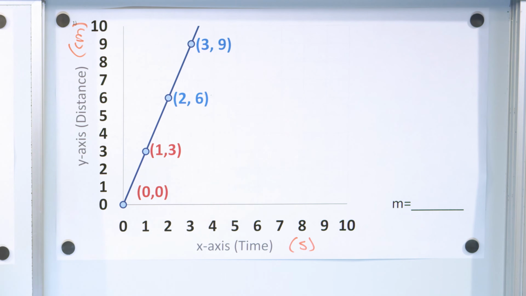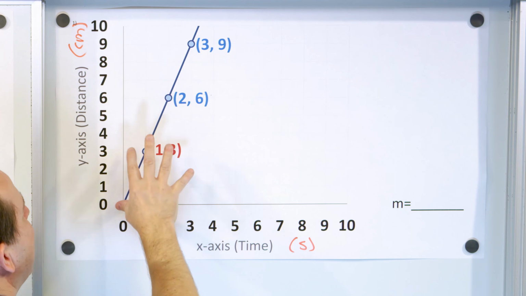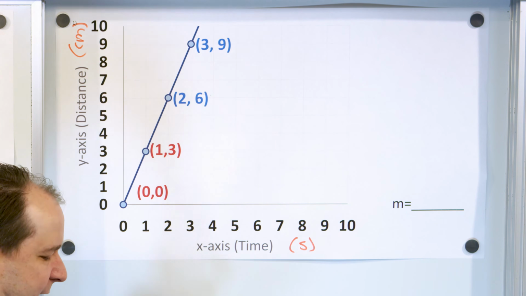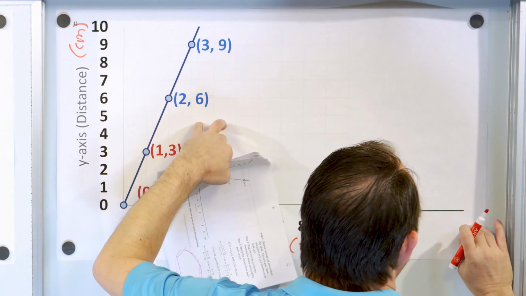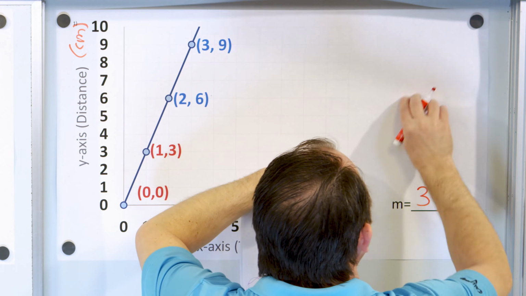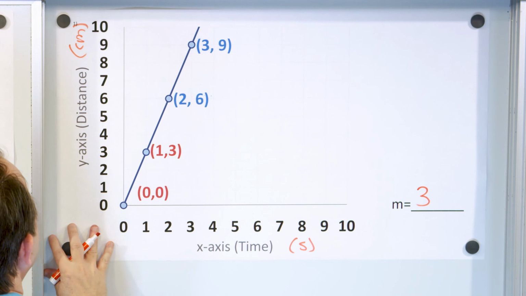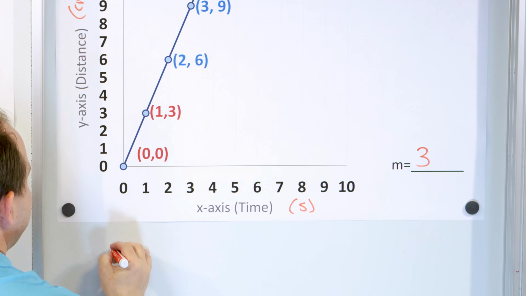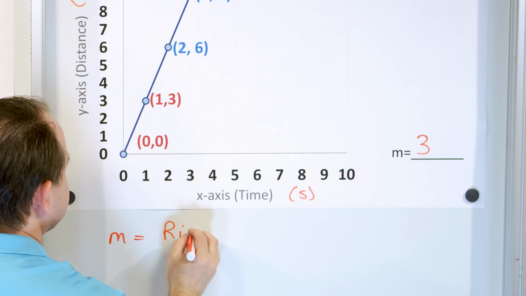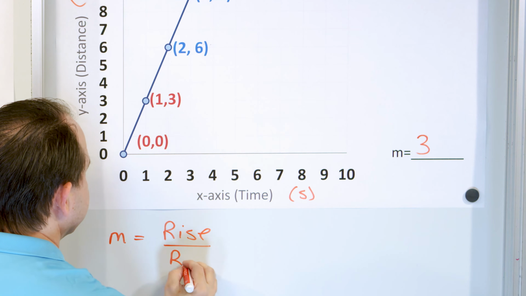One important thing I forgot to mention before I wrap up this last problem: here was the slope of that line. The answer that we actually got was a slope of 3. But what are the units of the slope, and what does it actually mean? Notice that when we find the slope, we're taking the rise and dividing it by the run.